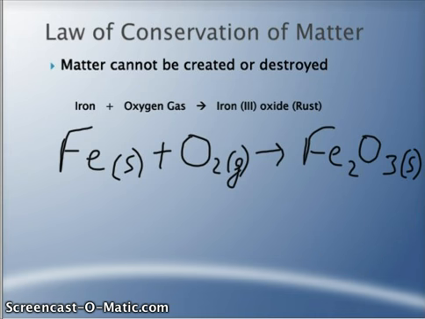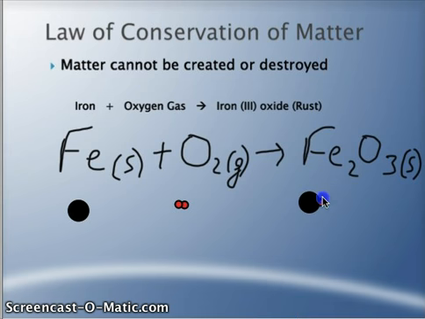What does that actually look like? So let's say, here's iron, here's an atom of iron. Now since oxygen is diatomic, it's going to look something like this, diatomic. And now let's look at what Fe2O3 would look like. Here's iron.